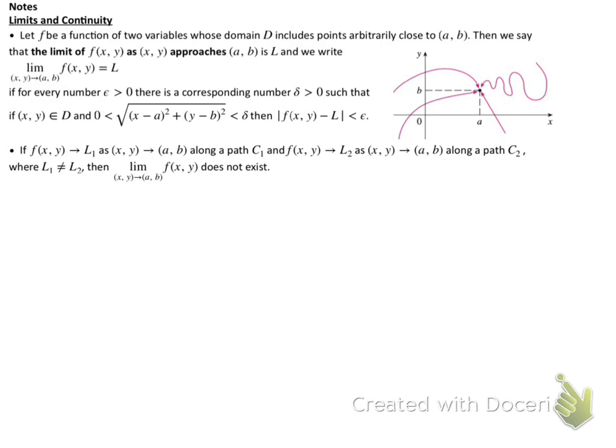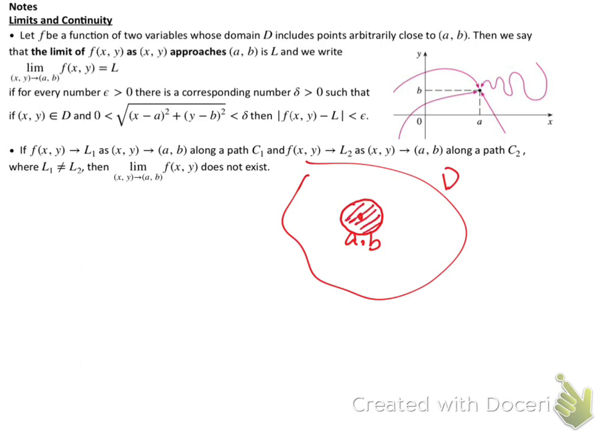if you have a small ball around (a, b). So here's your (a, b) in the domain. And you can find a little ball around (a, b) such that this whole ball is mapped by your f into a small interval near the limit.